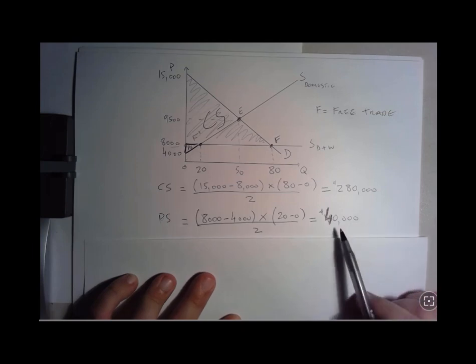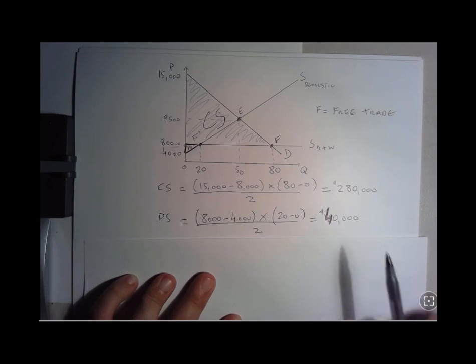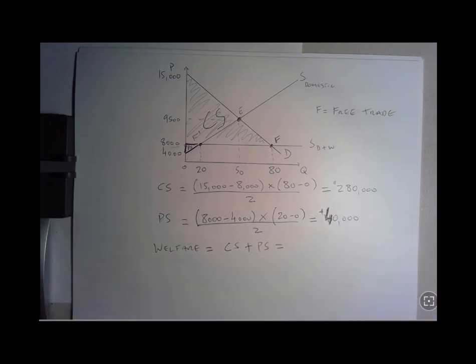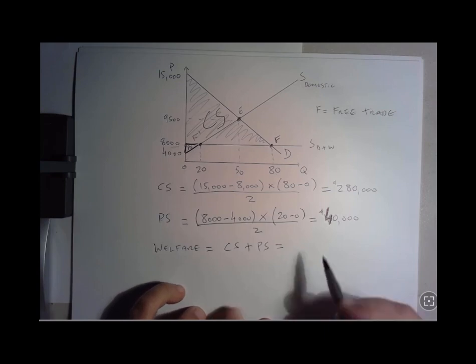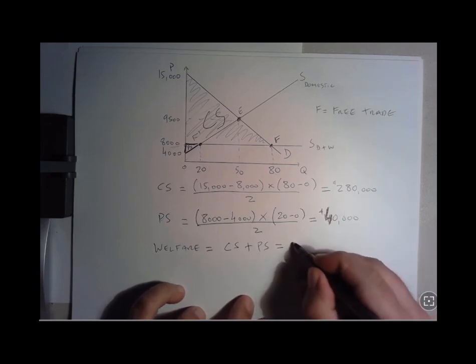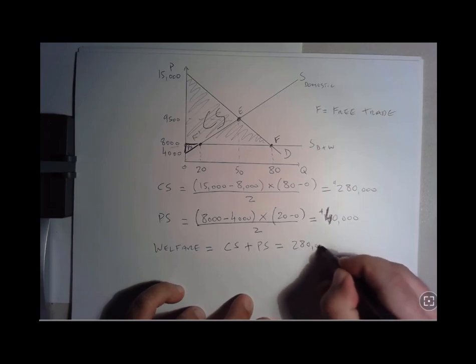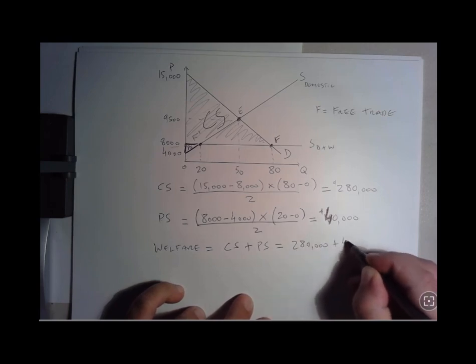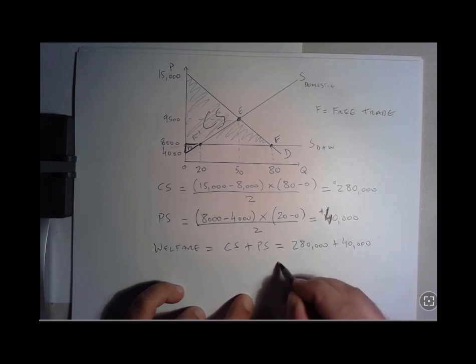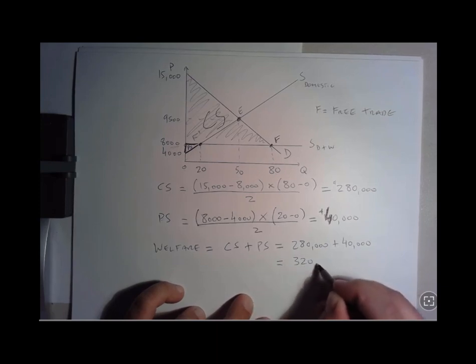Is now $40,000. Okay? So the welfare for this nation, which accounts for the summation of the consumer surplus and producer surplus as before, is going to amount to $320,000. So consumer surplus of 280 plus a producer surplus of 40,000, so an aggregate value of $320,000.